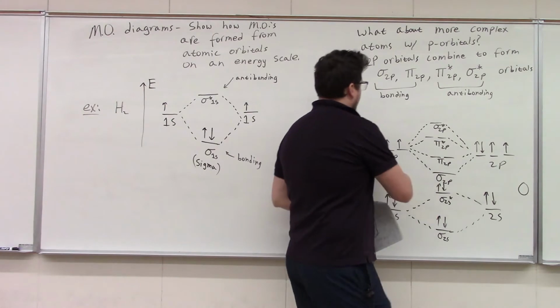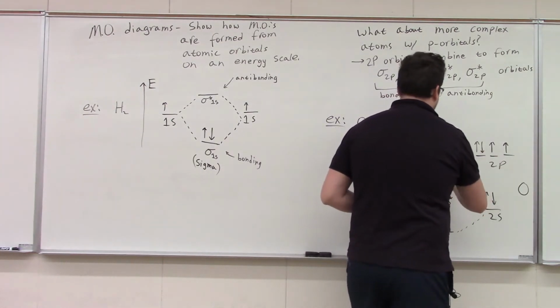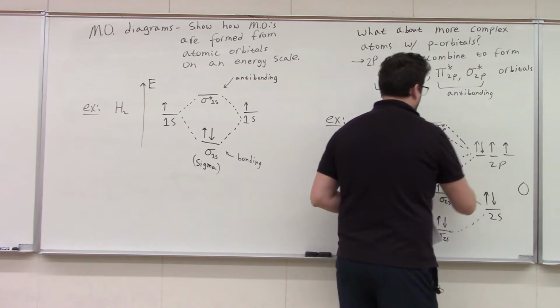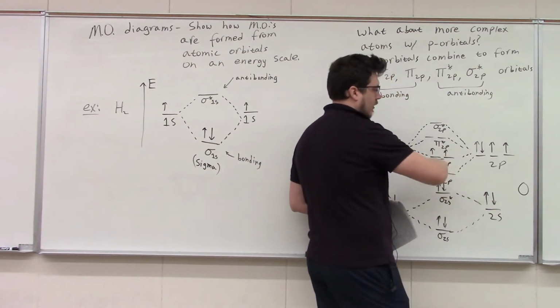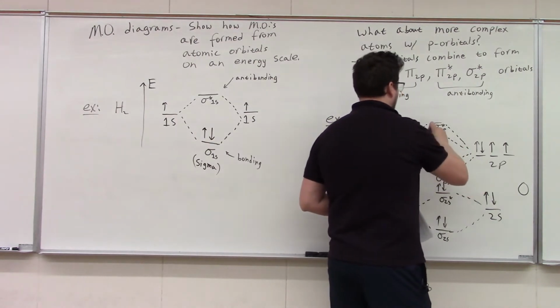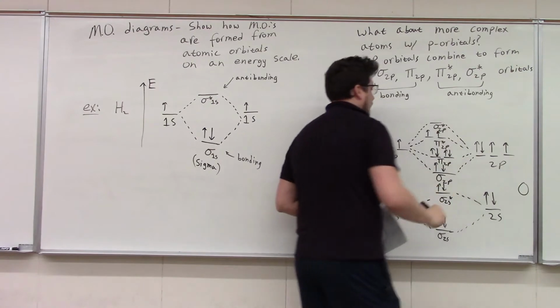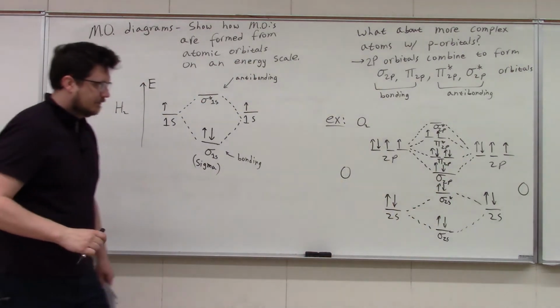So I have 8 electrons. I just go 1, 2, that's full. 3, 4, again, just like before, I want to avoid pairing until I have to. 5, 6, 7, 8. Okay, I used all 8 of my electrons.